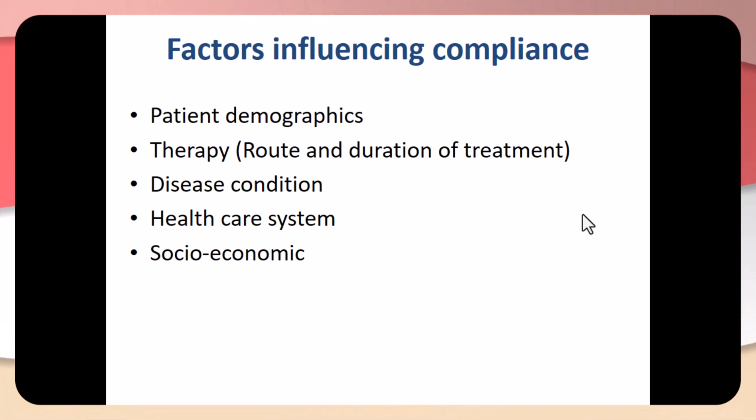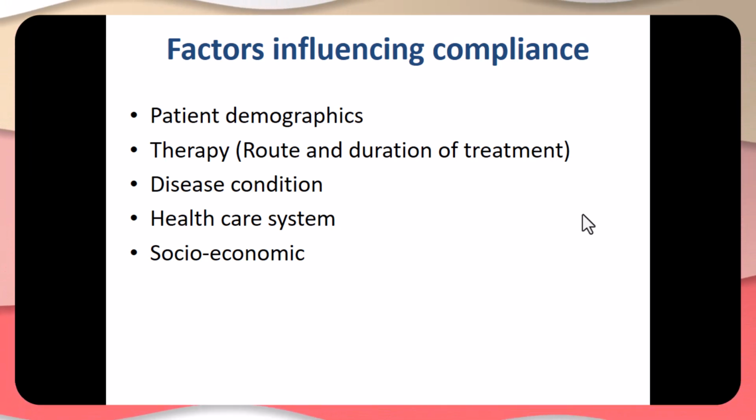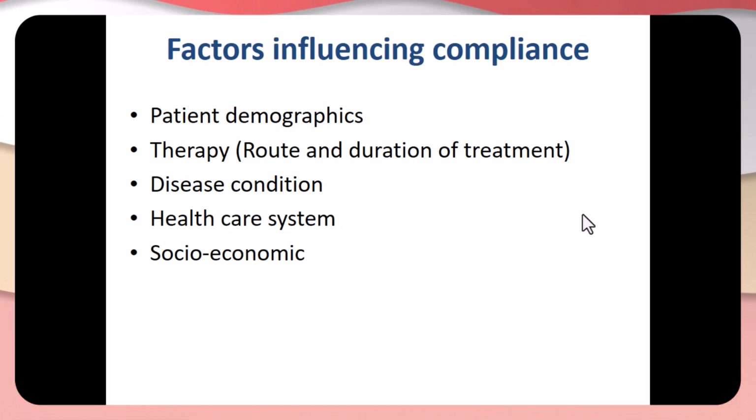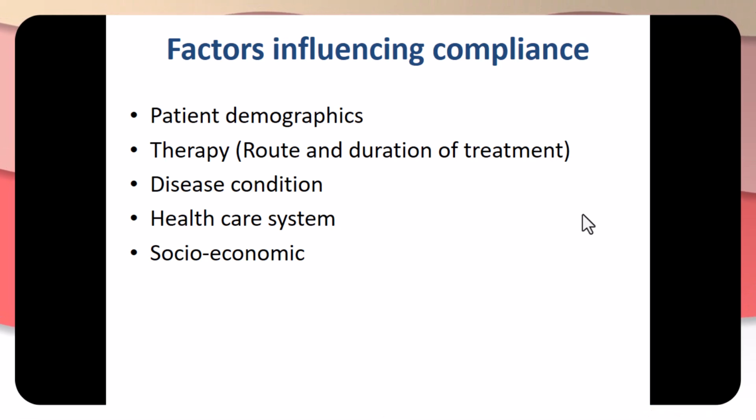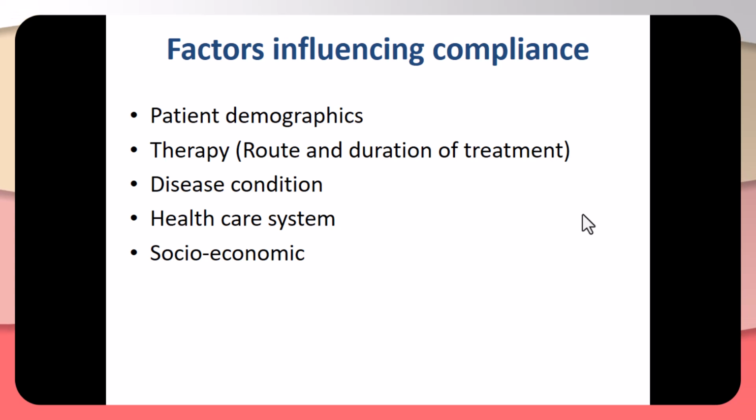If it is a comfortable route of administration, there are some patients who do not prefer the oral route of administration, and they prefer maybe the parenteral route. So for such patients, if you give them oral medications, maybe you are not aware of what they prefer, so you find that they will not comply to the oral route of administration and vice versa.